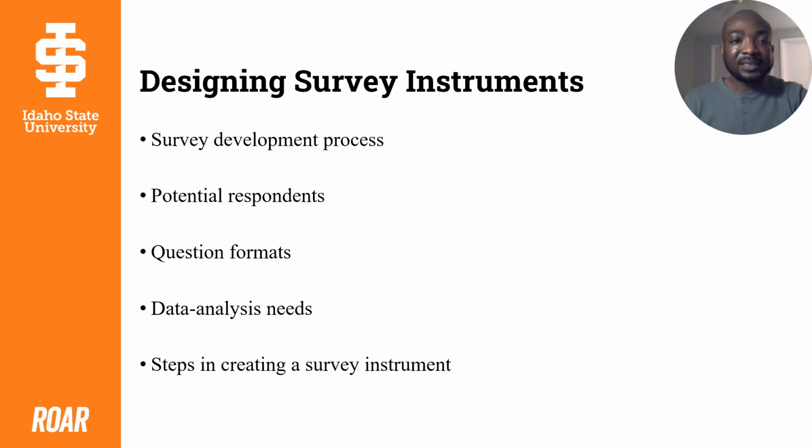So there are steps in creating a survey instrument. When the research question is fully conceptualized through a review of the literature or an expert review panel or by conducting focus groups with the intended audience for the survey, you are ready to frame the specific survey questions.